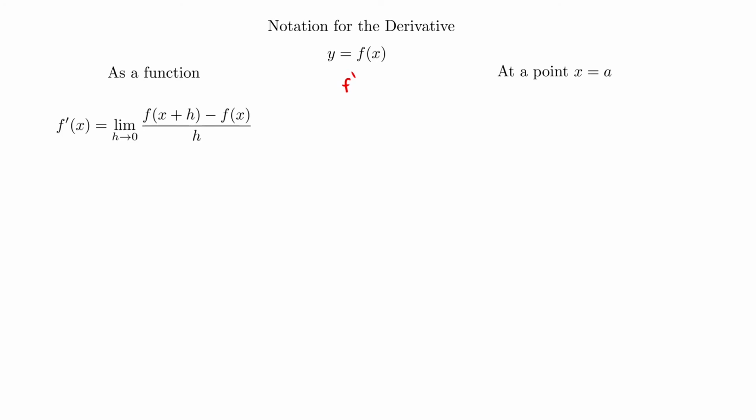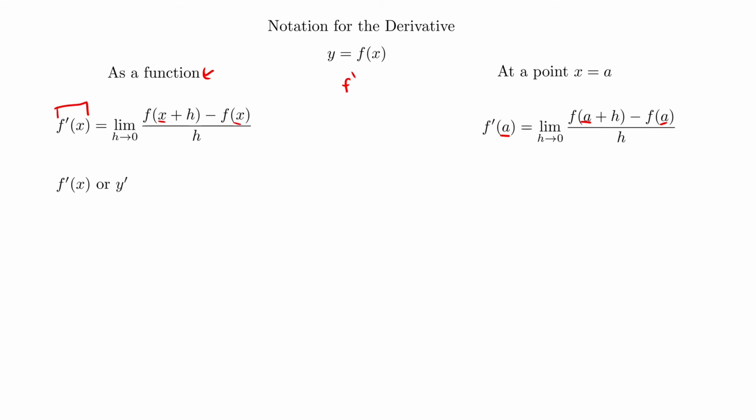As a function, we call it f prime of x, which is this difference quotient here with an x plugged in, and then here we just consider an a. And again, the difference between the two here is that when we consider the derivative at a point, we're specifically fixing a point, so x equals 2, x equals 3, but over here, when we deal with it as a function, we're considering any possible point, and then we can plug that in at a later point in time. So they do look the same, but we're talking about different concepts here.